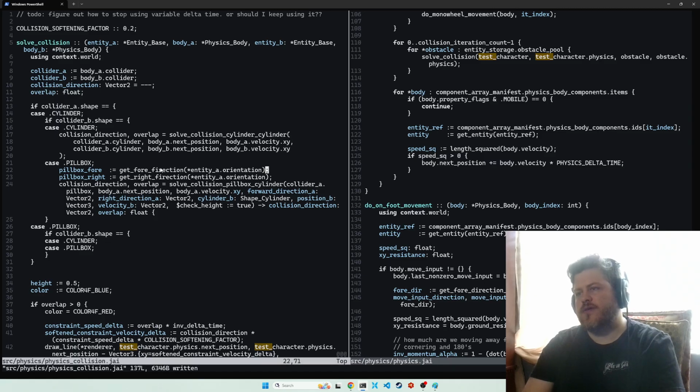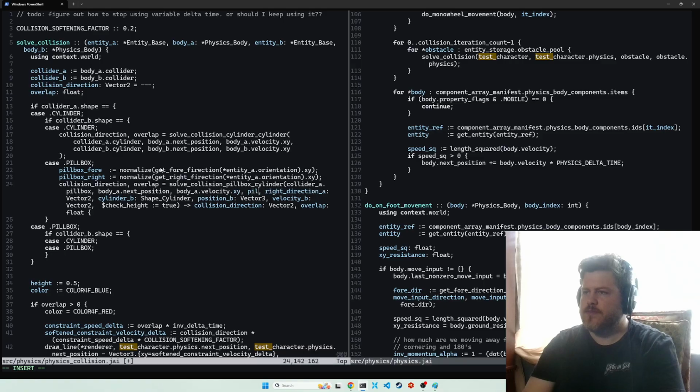And I'm going to say just make sure we normalize these as 2D vectors, just in case they're wrong. I don't care how fast it runs right now, I care that it's right. Okay, so forward direction is pillbox 4. Right direction is pillbox right.